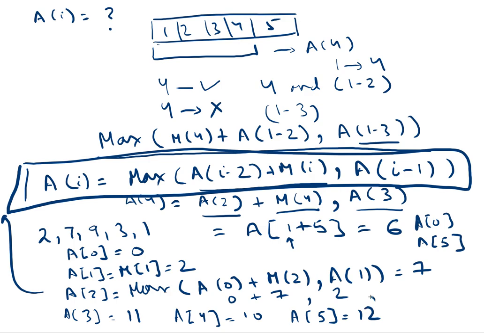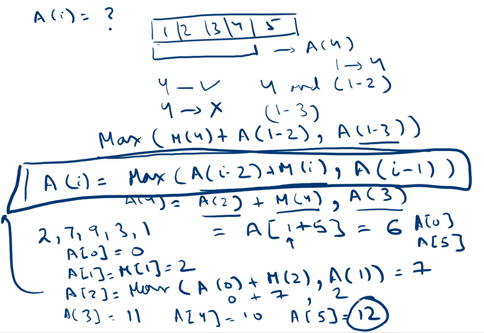So in this case 12 is the maximum amount of money which can be stolen. So this is the basic idea of solving this problem, and with this discussion and approach in mind, you can now convert this solution into a code, which we'll be doing as a next step.